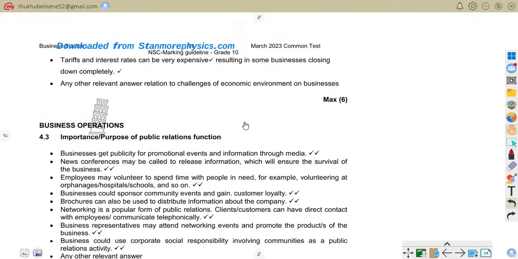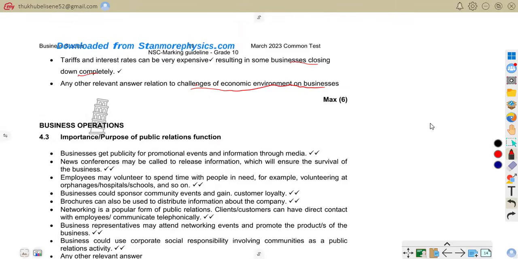Also, you can talk of tariffs. Tariffs and interest rates can be very expensive, resulting in some businesses closing down completely. Any relevant answer in relation to challenges of the economic environment on business is acceptable.